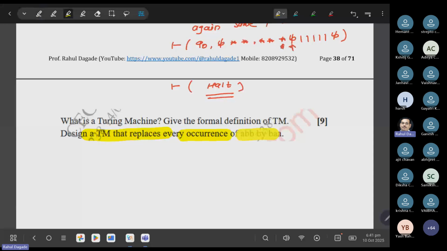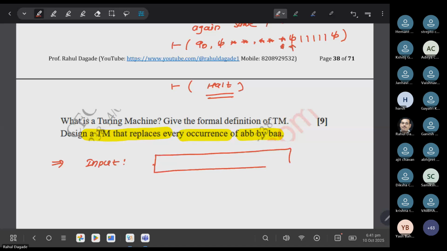So what we have to do in this case? Let's say if we have an input, let's say the input is on tape, blank, B, A, B, B, A, blank.